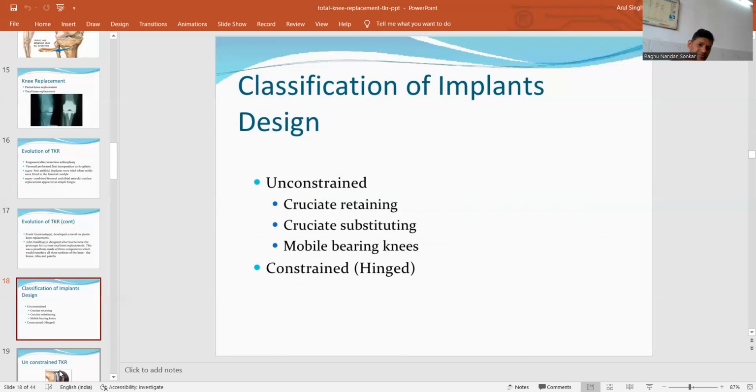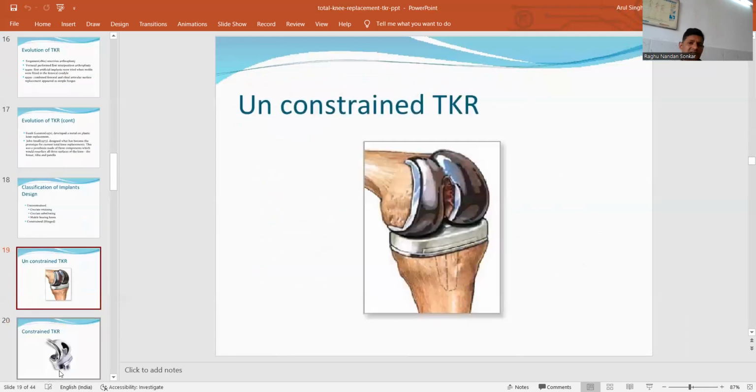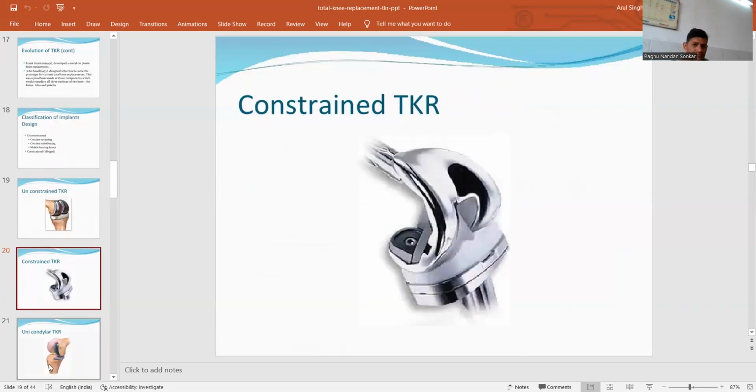Unconstrained TKR means there is no hinge between the joint. In a constrained knee, there is a hinge between the femoral component and the tibial component. There is a locking system.